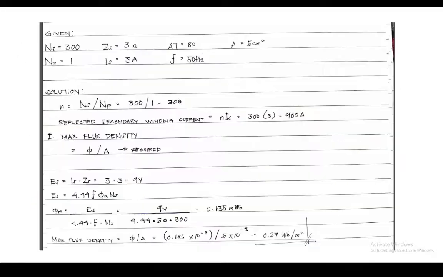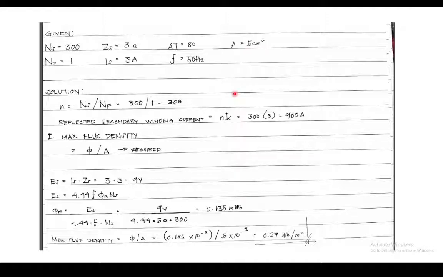So let us proceed. We have the following givens: secondary turns 300, primary turn 1, secondary impedance 3 ohms, secondary current 3 amps, MMF is 80, frequency is 50 Hz, and the area is 5 centimeters squared.